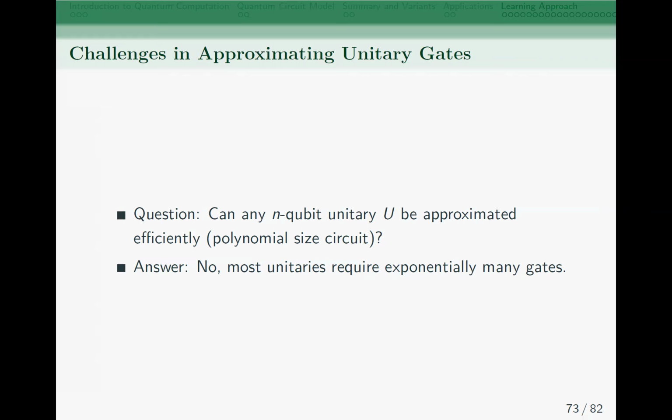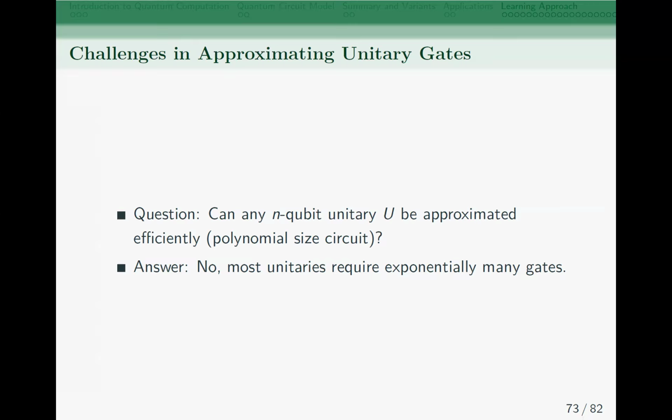So by the counting argument, you can prove that most of the random functions require exponentially many elementary gates. Most of the functions are hard to compute by this counting argument. That means that for most functions you need exponentially many elementary gates to compute them.